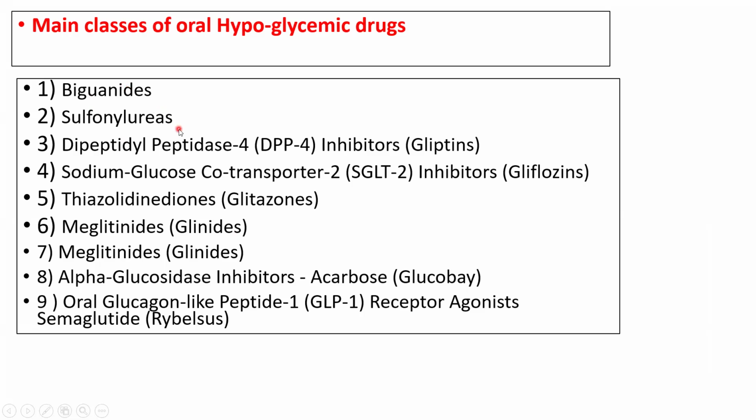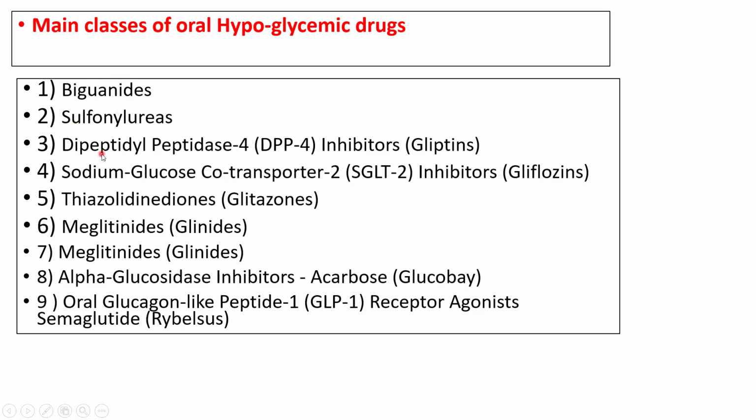All the remaining drugs are a part of these biguanides and sulfonylureas. So only two names are important. In the next lecture, we will see which drugs come under biguanide and which under sulfonylurea. But in this lecture, I have made a separate list.